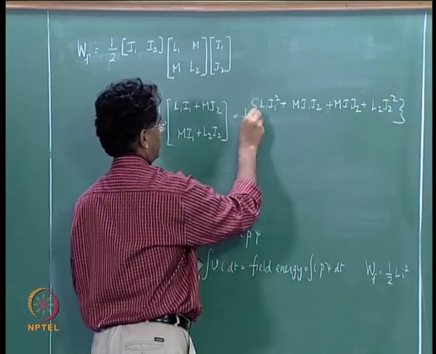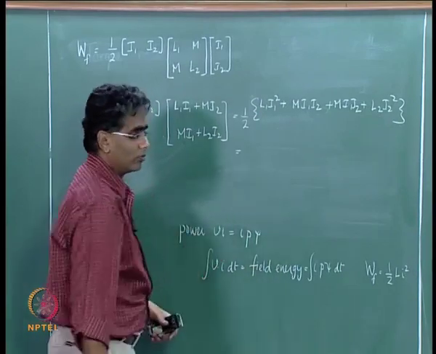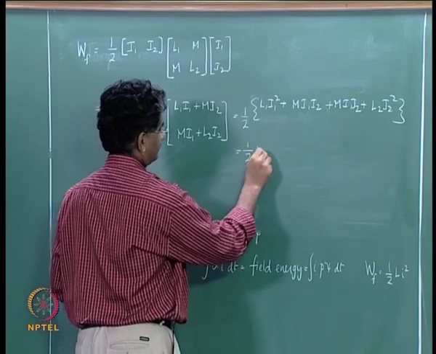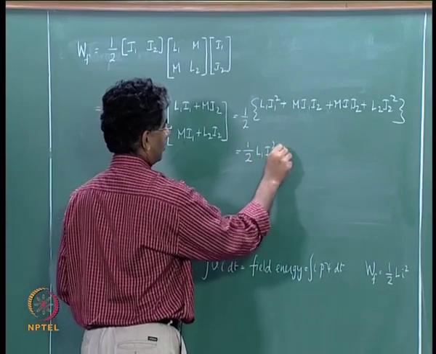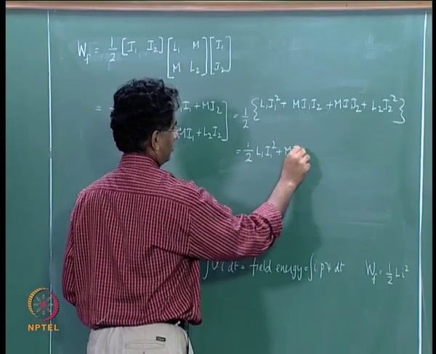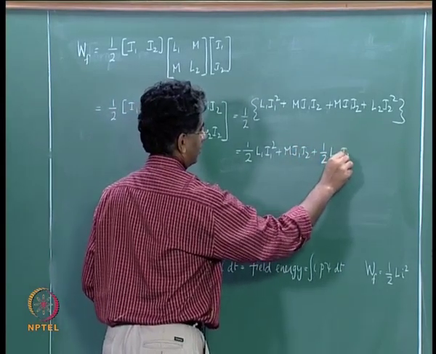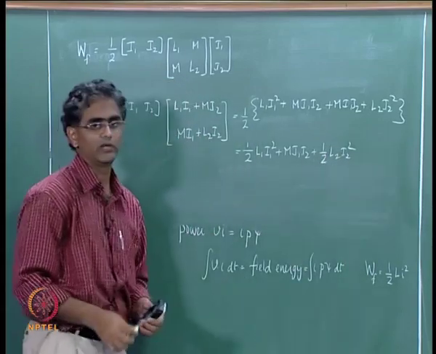Make this a smaller bracket, which then essentially is half L1 I1 square plus M I1 I2 plus half L2 I2 square, which is the same expression we had earlier.